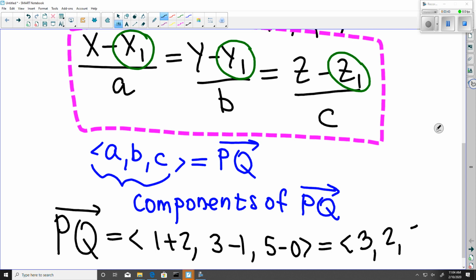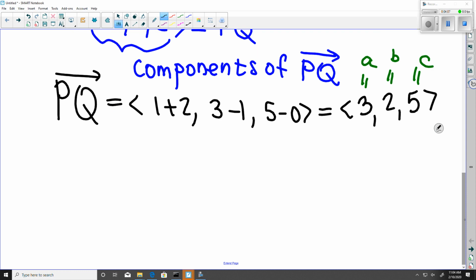All I did is I subtracted terminal minus initial, and I claimed those are the coordinates of A, B, and C. And at this point, I'm ready to write an equation. I have A, B, C. I have x1, y1, z1. Plug it in, and you're done. And example 1 will be over.